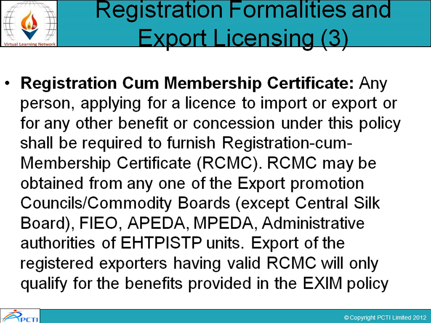It may be obtained from any one of the export promotion councils or any of the commodity boards, or it can be taken from FIEO, EPCES, or MPEDA, or administrative authorities of EHTP or STP units.